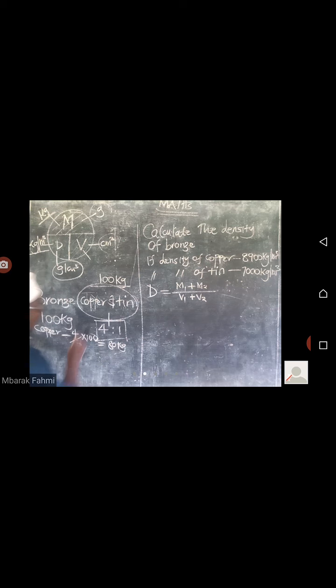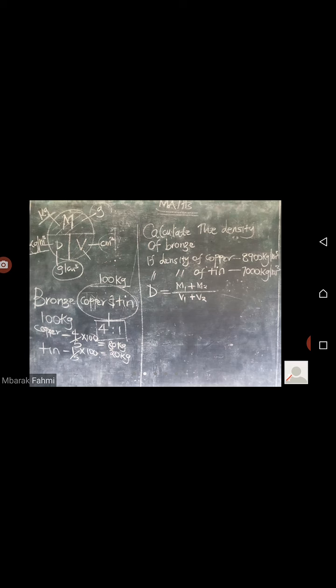And the mass of tin will be 1 over the total 5, times 100, and that is going to be 20 kilograms. Those will be their masses.